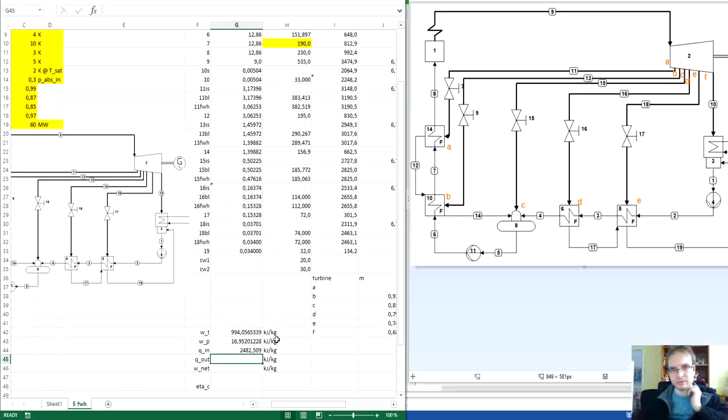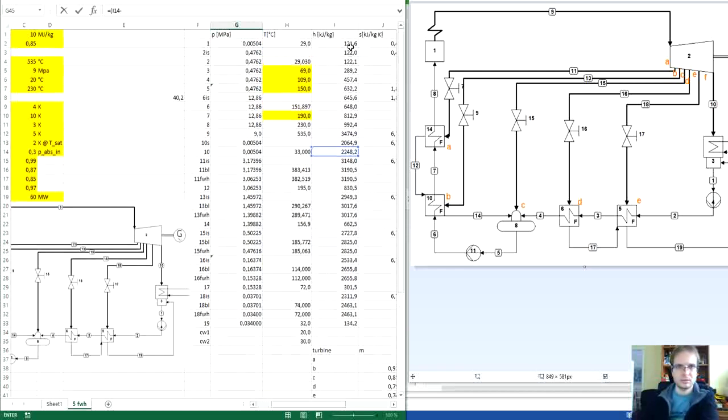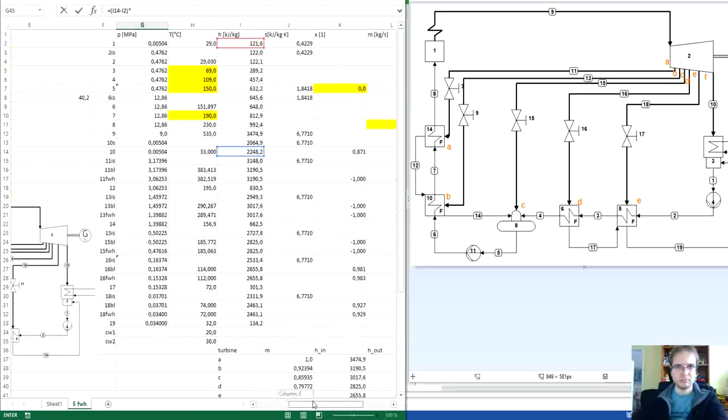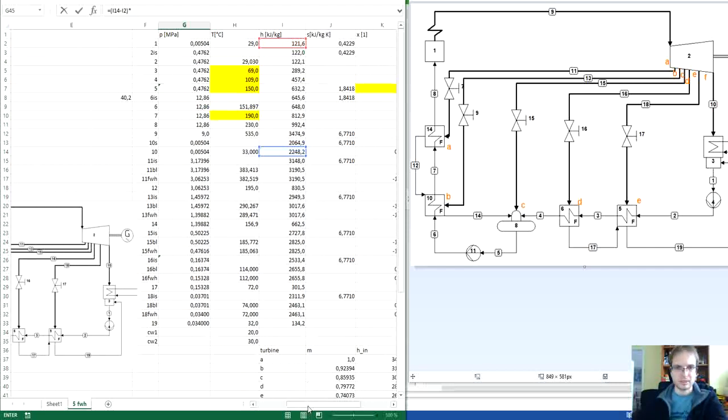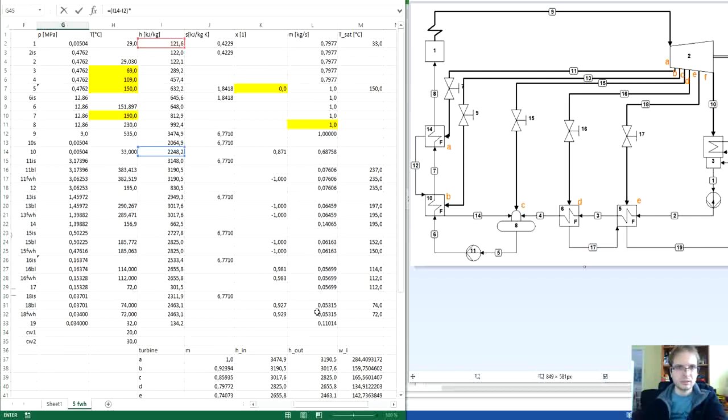The heat output of the condenser is difference of enthalpies 10 and 1, but multiplied by mass flow rate that we have here, and it's the mass flow rate for the stream number 10, so here.